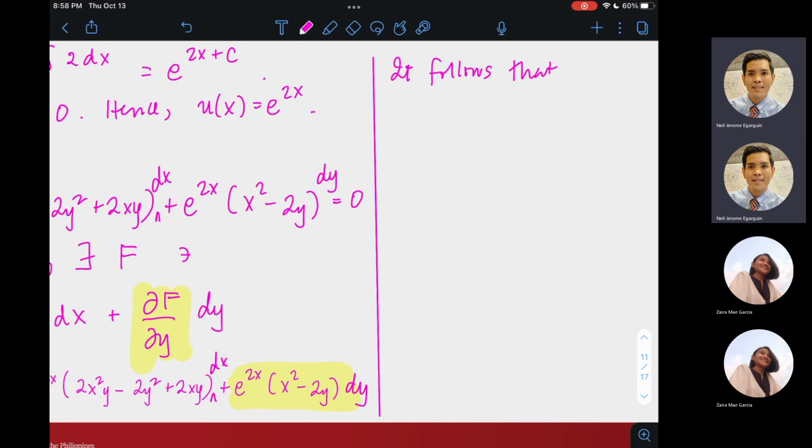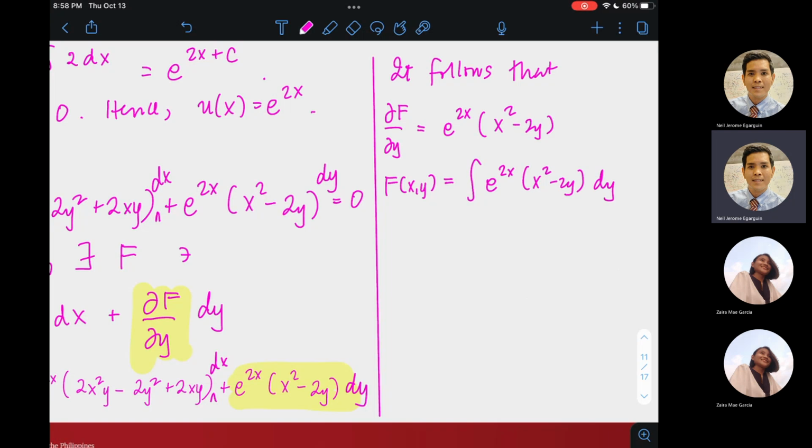Right? So now, I will do this solution. Partial ni f with respect to y ay equal kay e to the 2x times x squared minus 2y. Okay? Ito yung pangalawang equation. And then that means the function capital F of the variables x and y will just be the integral of e to the 2x times x squared minus 2y, but this time with respect to y. Okay?